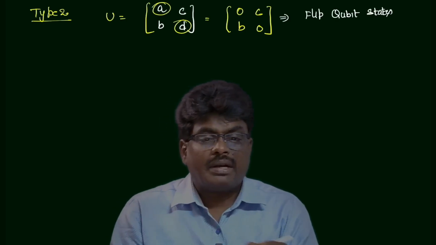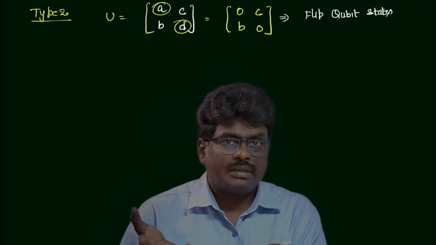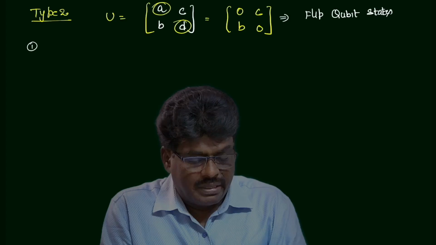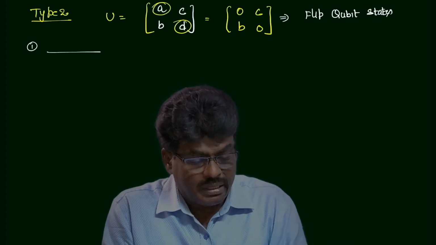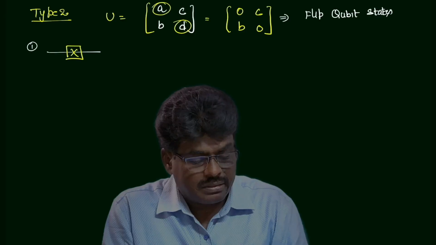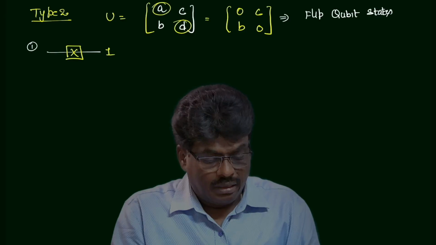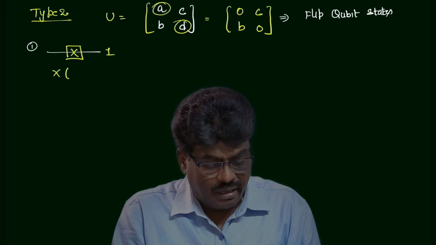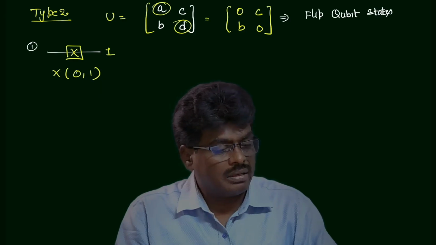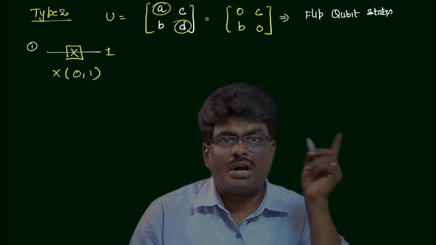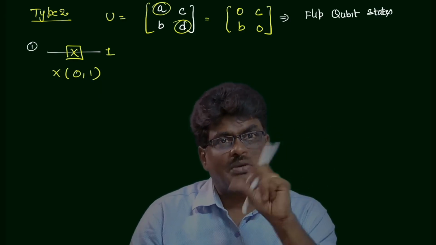Because I have already explained that operation, that is 0 comma t, t for the target, whatever you have. So I'm taking this single qubit X. Here we have a single qubit, that's why it is 1. Now this operation is represented by X of 0 comma 1. Earlier I told you U of 0 comma 1 creates a superposition state of 0 and 1.